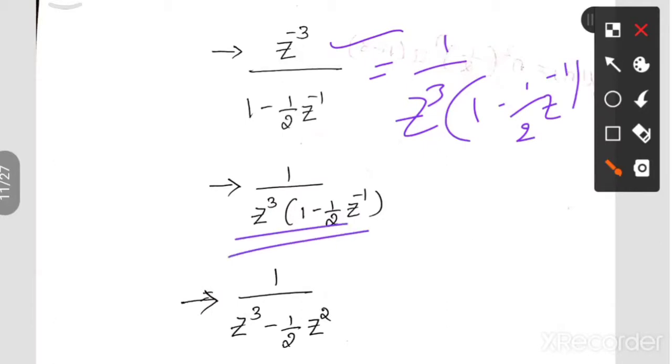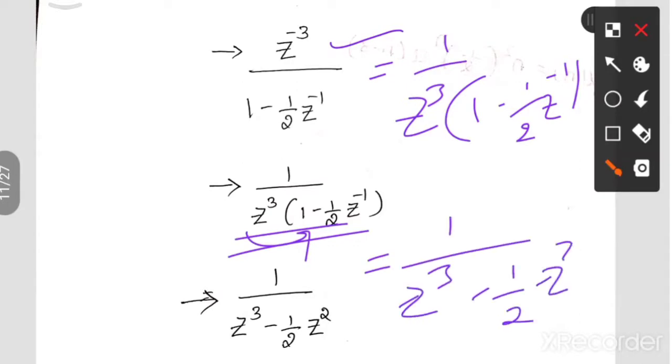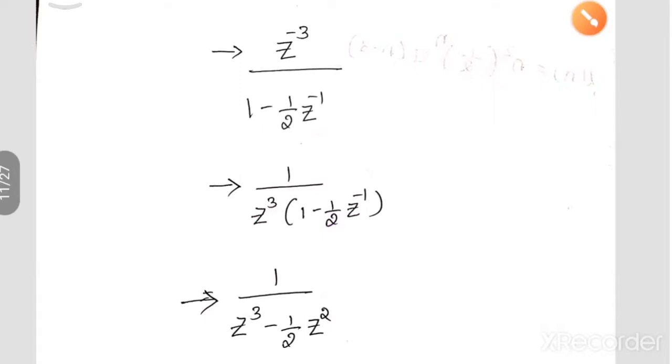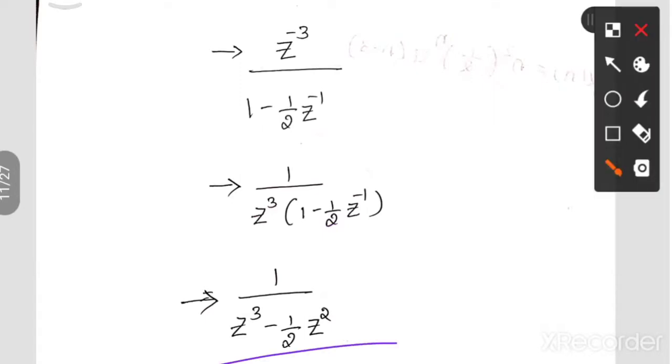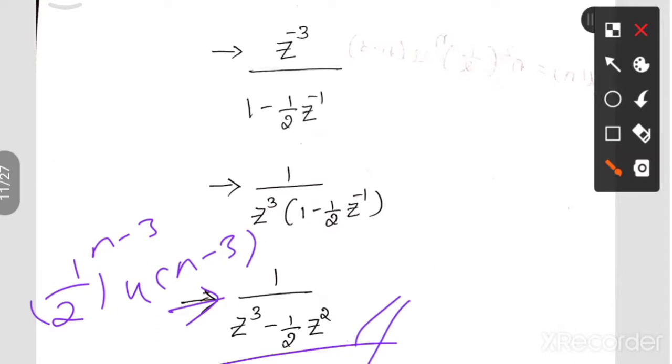Bringing z cube inside, it will be 1 divided by z cube minus 1 by 2 z square, since z cube into z raised to minus 1 is z square. Therefore the z transform of 1 by 2 raised to n minus 3 into u of n minus 3 is 1 divided by z cube minus 1 by 2 z square.